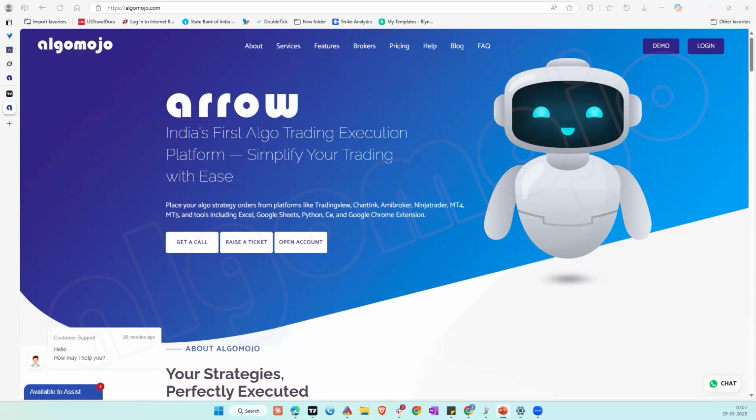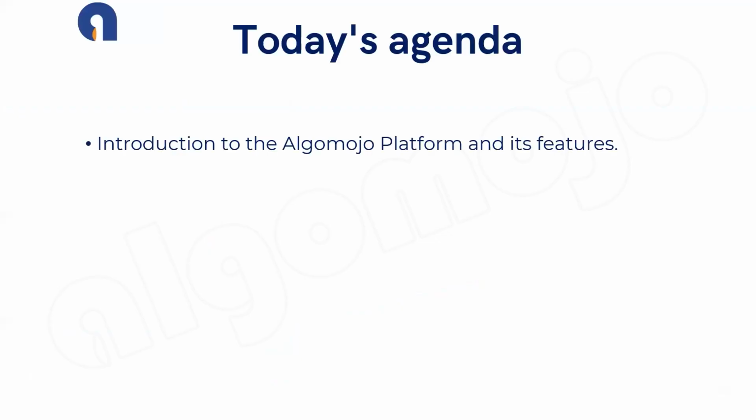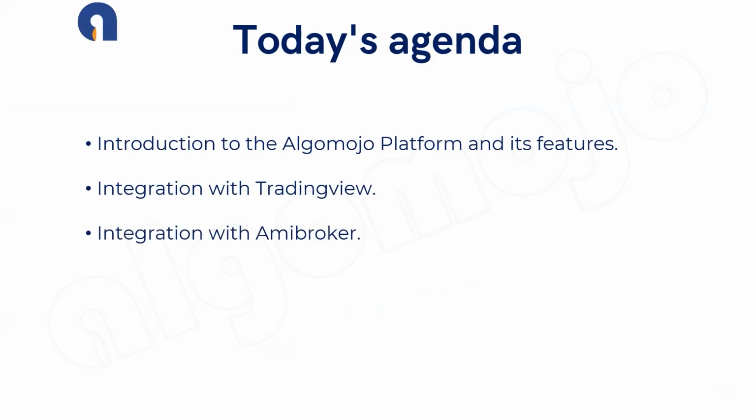We will start with a small presentation, and the agenda is that we will look at the features of Algomojo platform, and we will look at how do we use TradingView to do the setup for automation. And in case somebody is interested, we can look at Amibroker also to see how we do the automation using Amibroker.